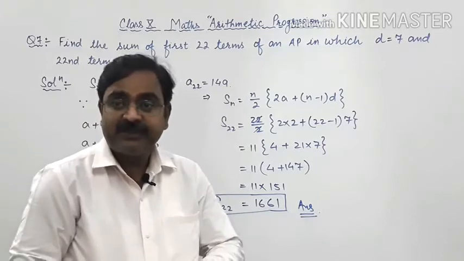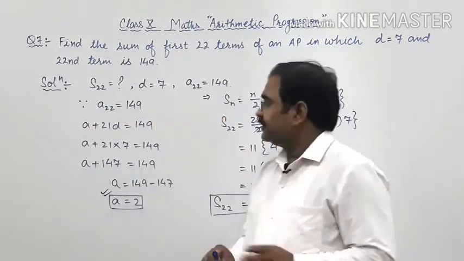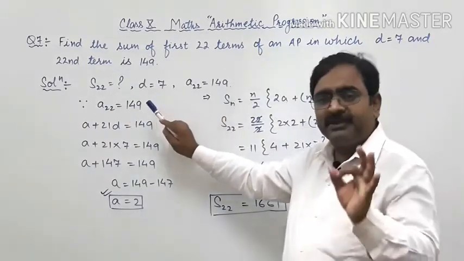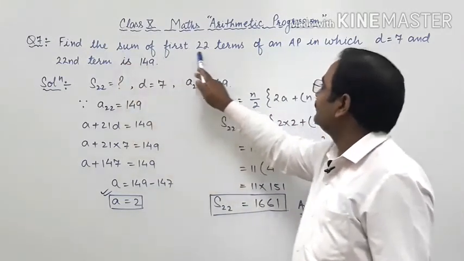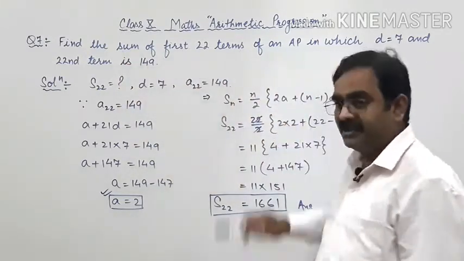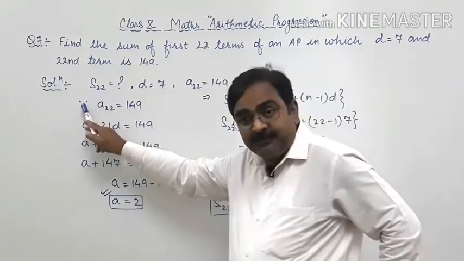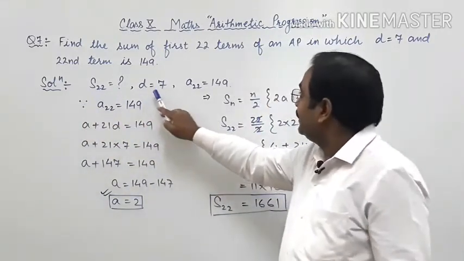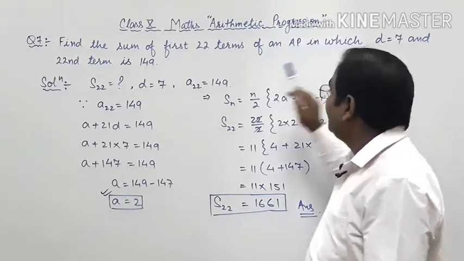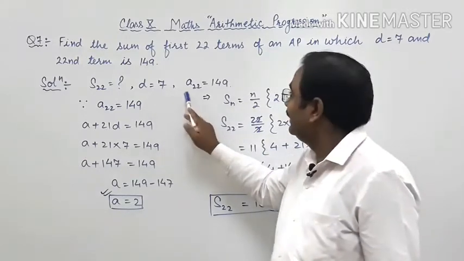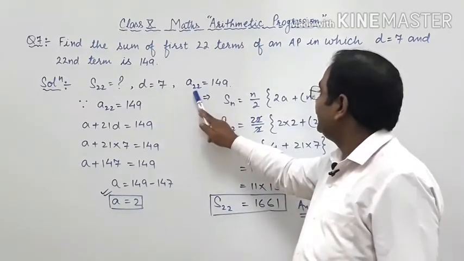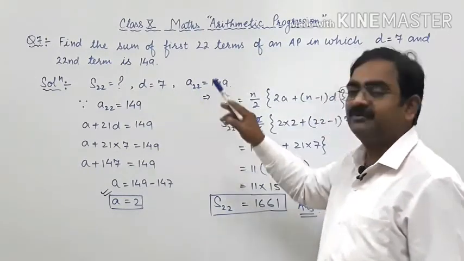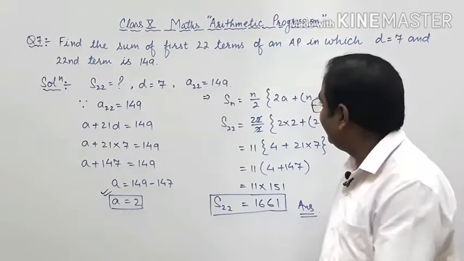So dear children, wherever you are facing a problem, according to the given information we have to start it. As it is asking to find the sum of 22 terms of this AP, so S22 we have to find out, where the common difference d is equal to 7 given, and the 22nd term, means A22, is equal to 149 was given.